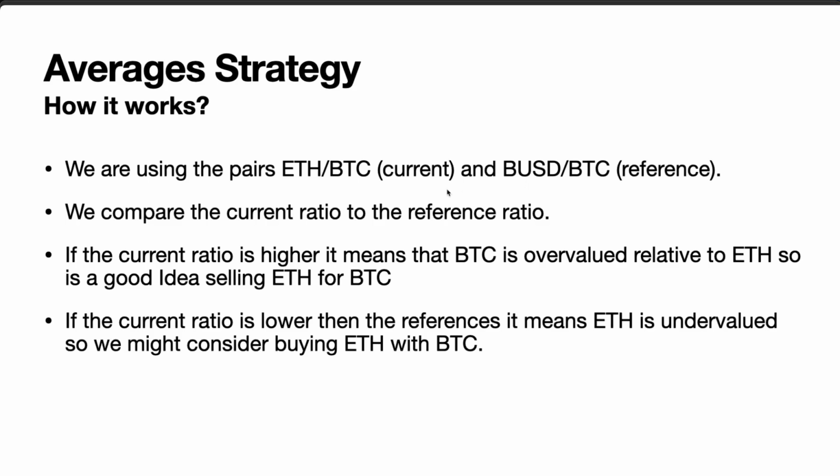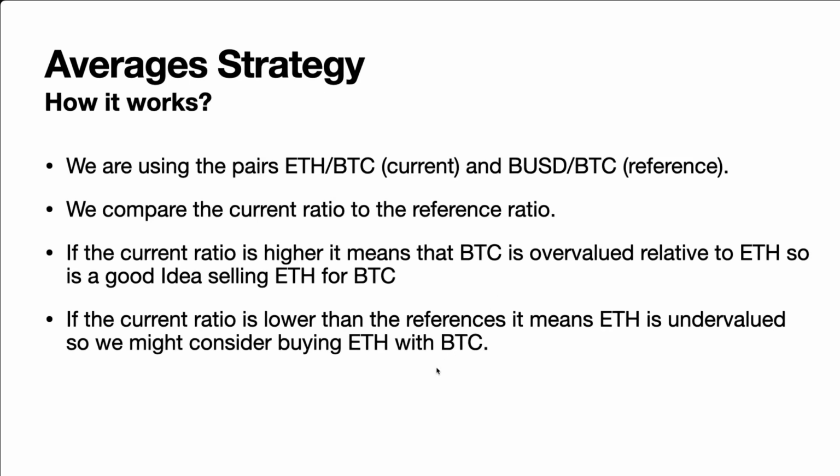We are going to compare the current ratio against the reference ratio. If the current ratio is higher, it means that Bitcoin is overvalued relative to Ether, so it's a good idea to sell it for Bitcoin. If the current ratio is lower than the reference, it means that Ethereum is undervalued, so we might consider buying Ethereum using Bitcoin.